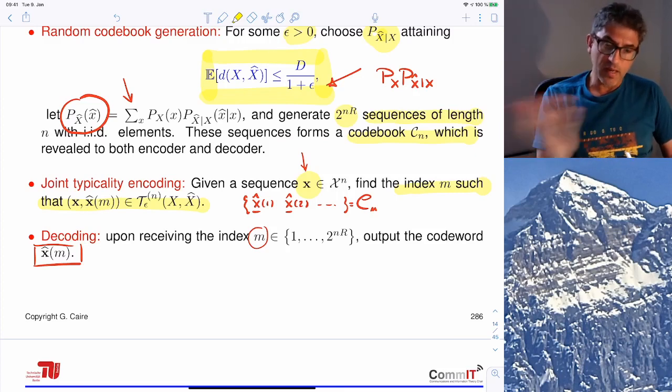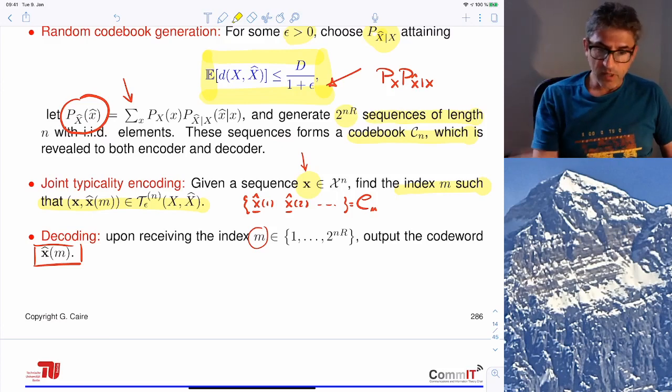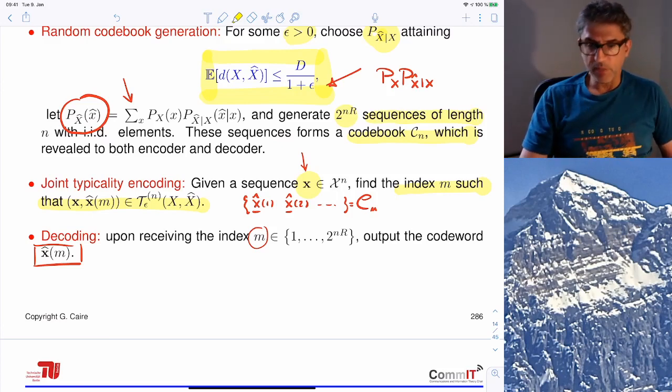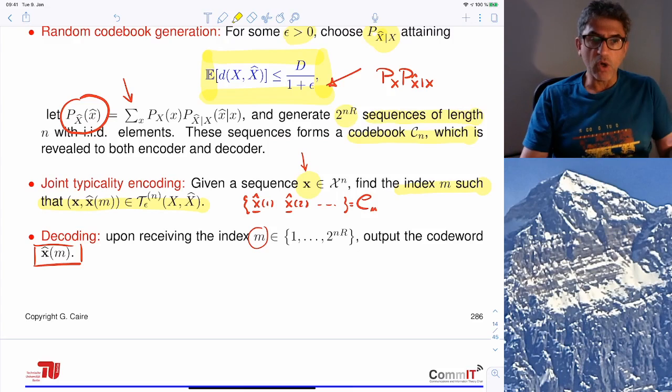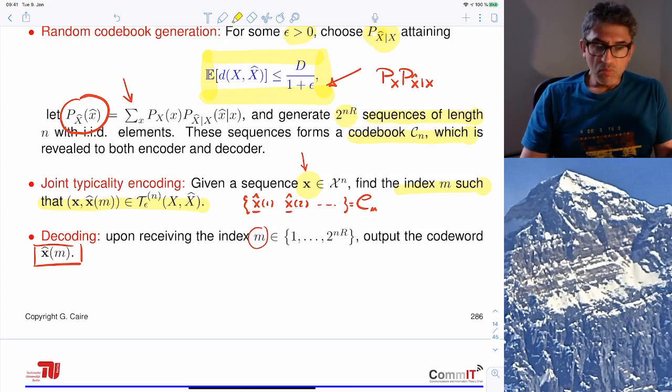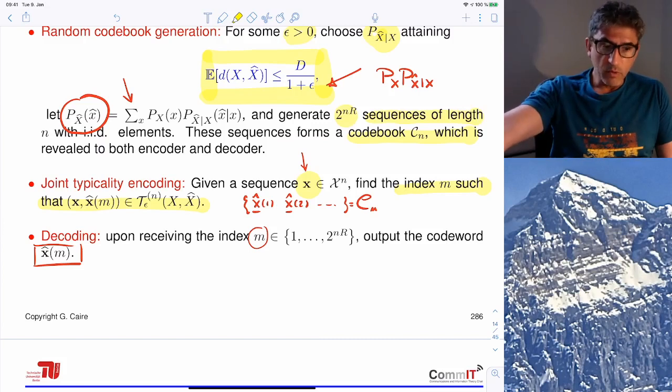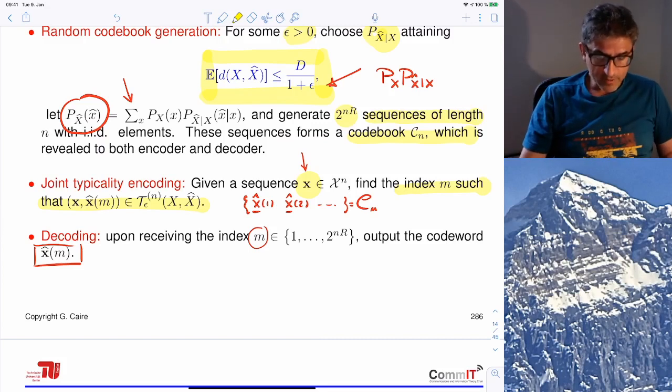Otherwise, it would just pick an arbitrary index, for example, index number 1, or declare an error. Here the role is reversed. There is a joint typicality encoder that finds a code word in the codebook jointly typical with the source sequence and outputs the corresponding index, and the decoder is simply given the index, and produces the corresponding code word as the representation point.